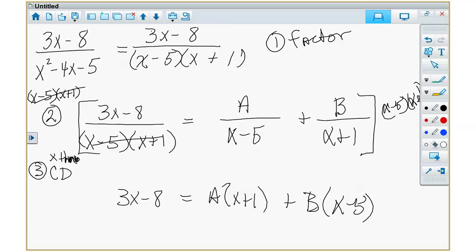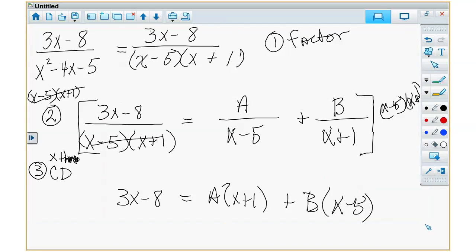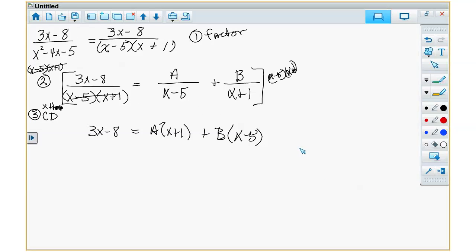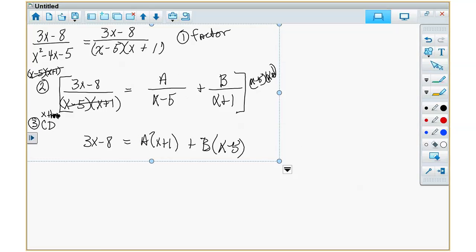You got 2 parts over on the right-hand side. Everybody agree with me there? What does CD stand for again? Common denominator. You got 2 parts right here. So if I make one of these equal to 0, then I can solve for the other one, right? That's the principle.